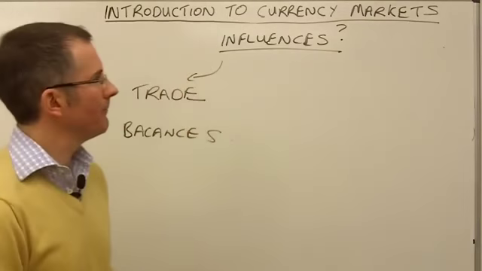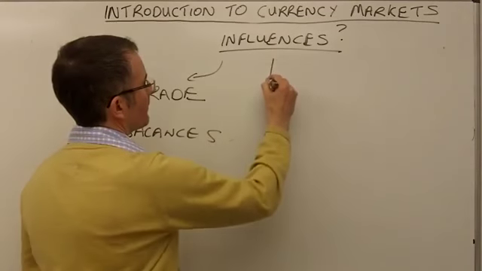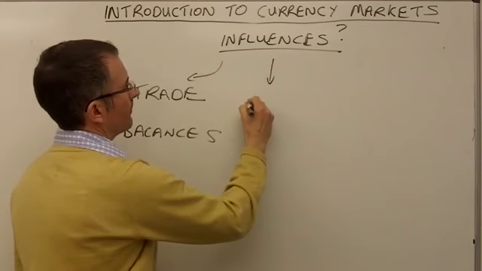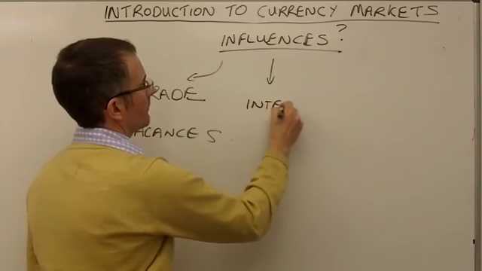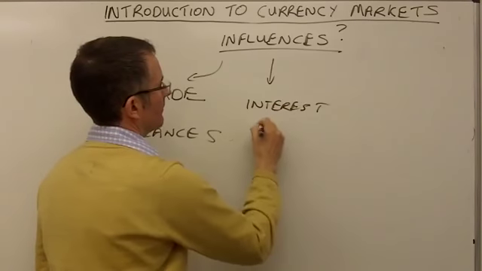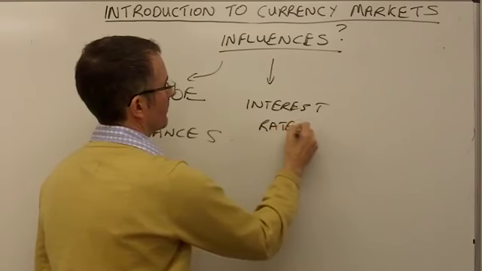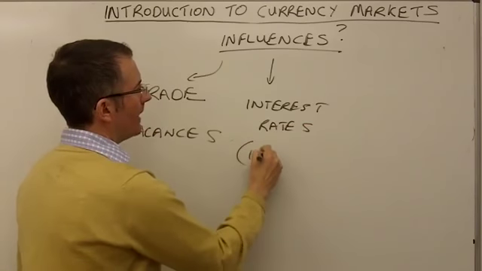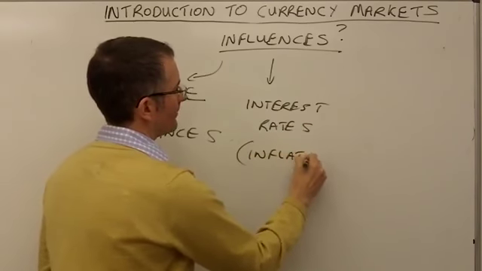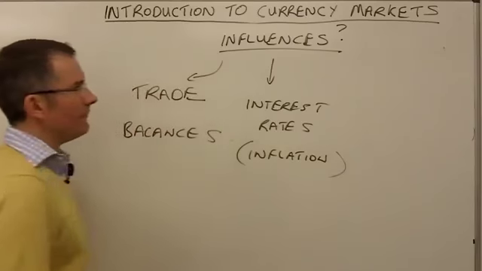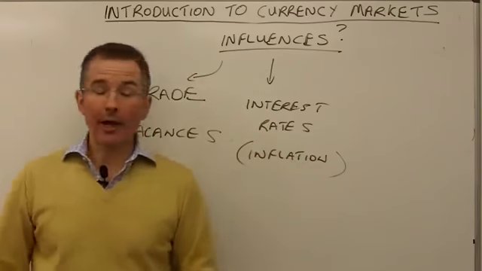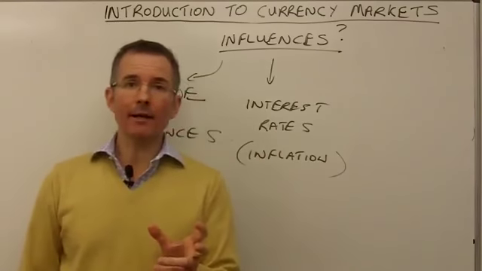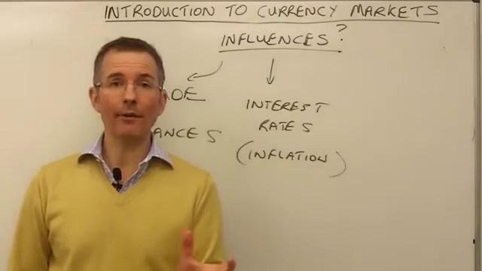So that's one influence. Number two, interest rates. And you might say, linked to that, inflation data. Basically, the price of a currency is dictated heavily by what you can earn if you own it.